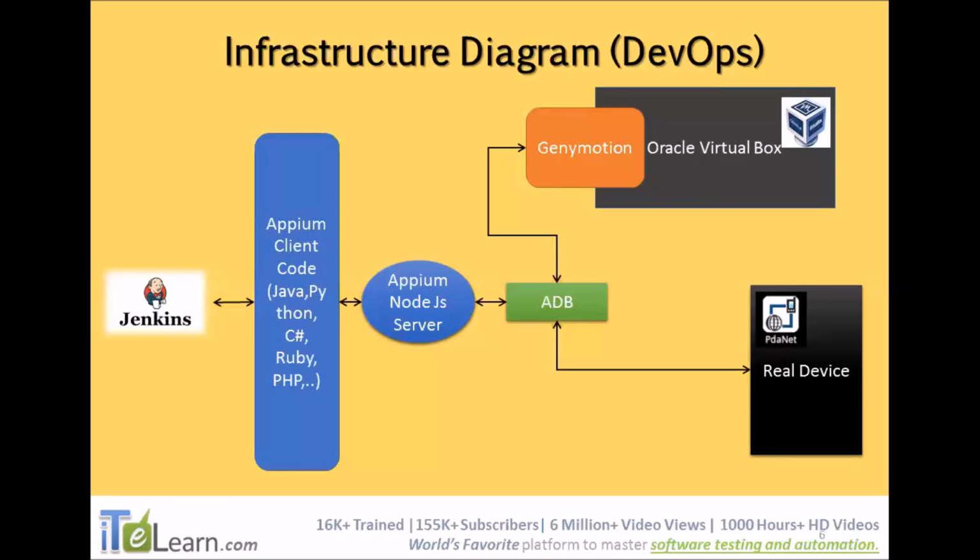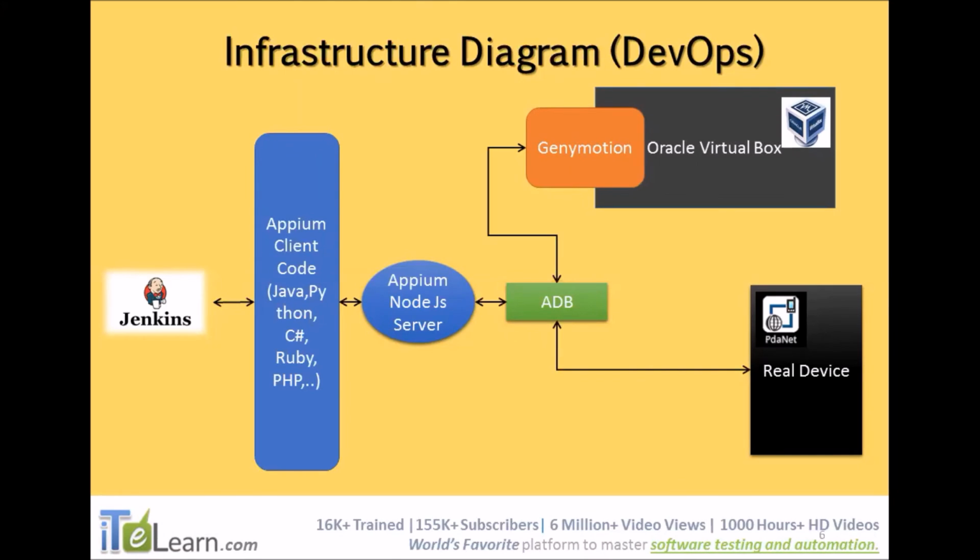So if you see the flow from the left side, the client libraries will initiate the commands. They will inform the node server, which will in turn be sent to the ADB. ADB will actually initiate the sessions, which will be communicating with the emulator or the real devices.